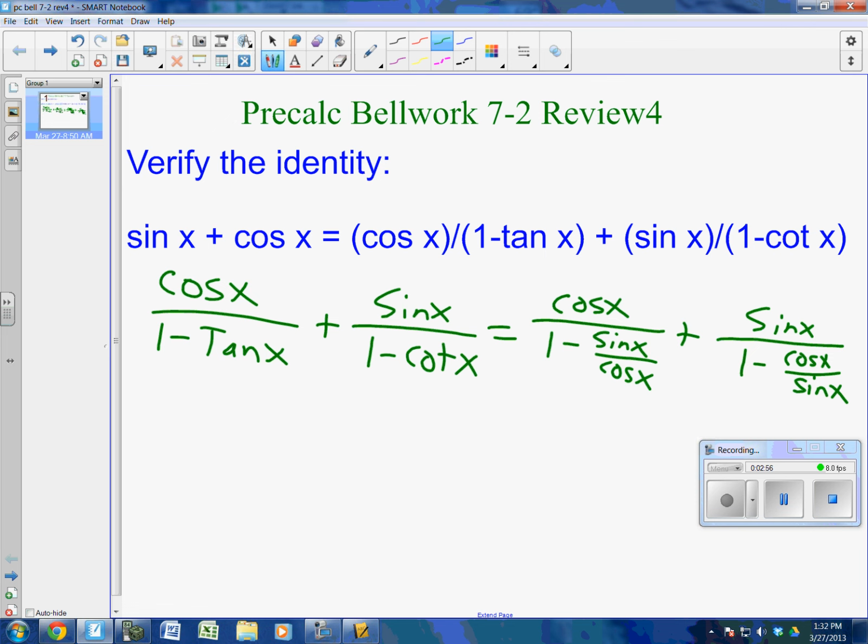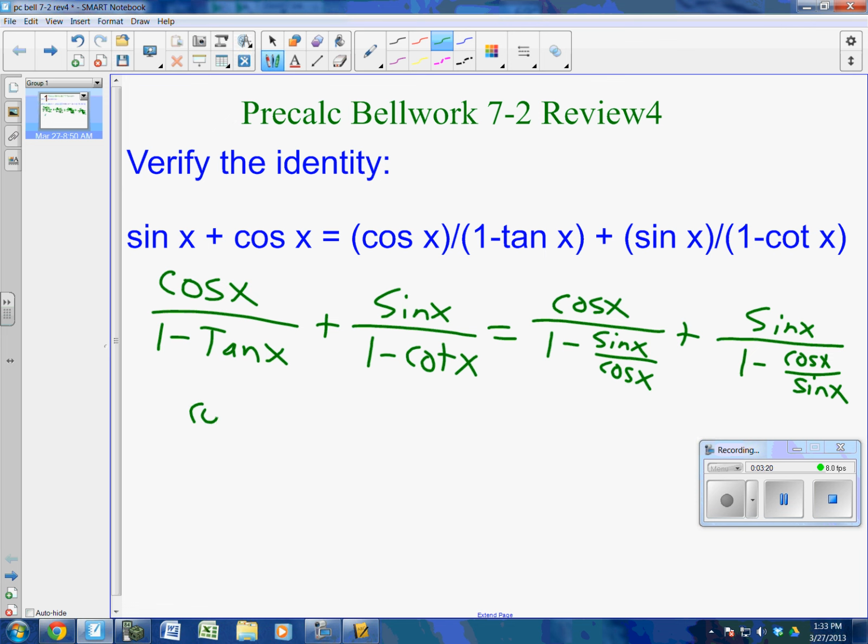To do that, what do I have to have? I have to have a common denominator, right? I've got to change 1 to what? Cosine over cosine. Cosine over cosine is 1, and that would give me common denominators of cosine. Do you see that? Over here, what would I do with this 1? Sine over sine, right? So that's what we're going to do next.